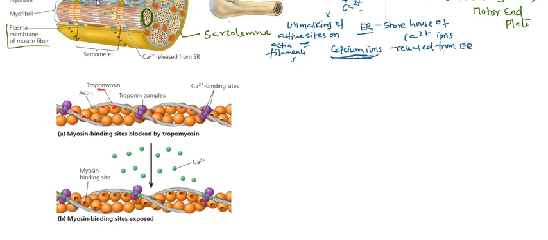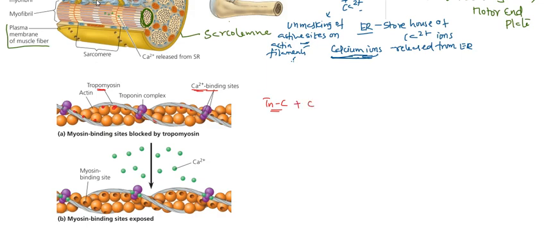The violet balls are the troponin complex, and one of them is TNC, which has affinity to the calcium ions. When the calcium comes, you can see it finally binds to this troponin C.